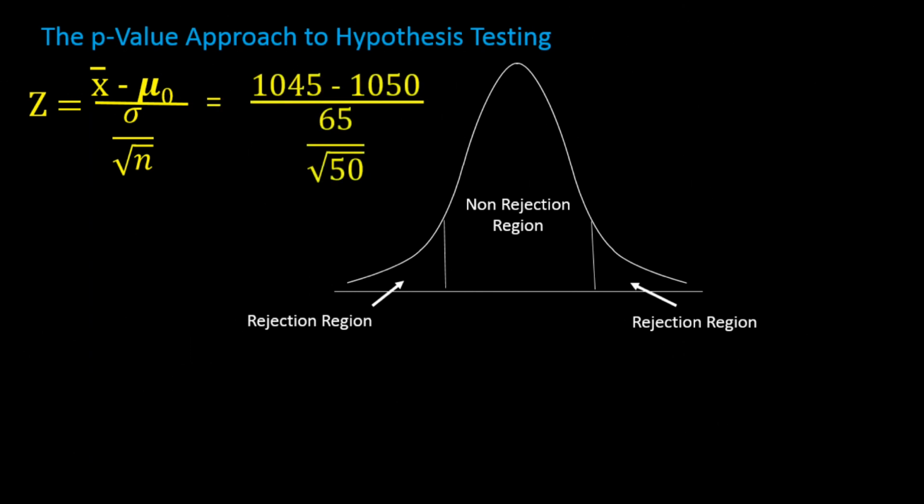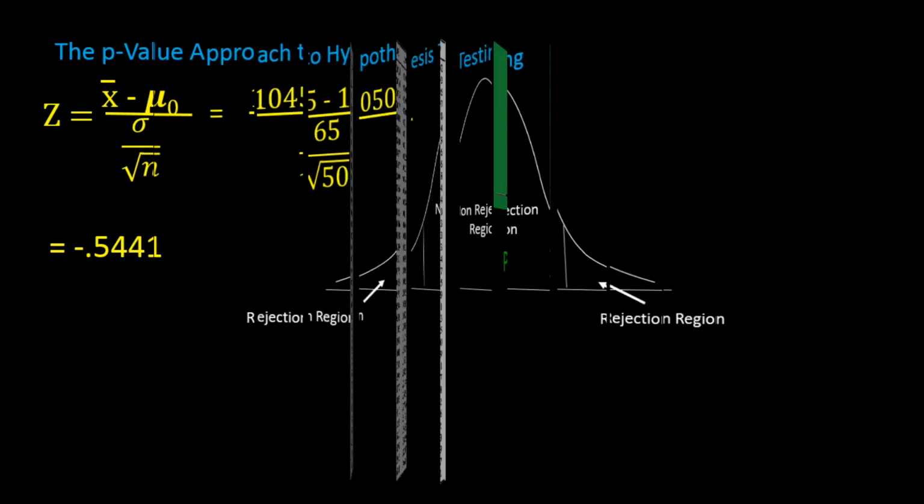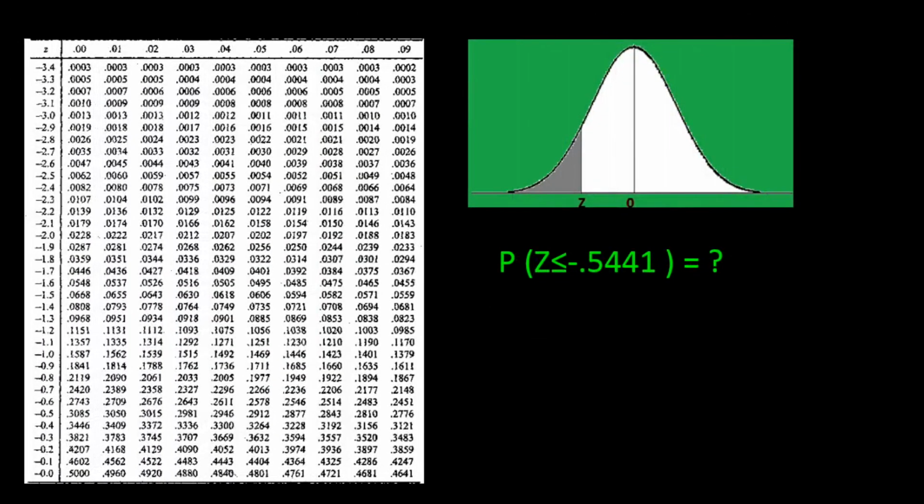The test statistic was negative 0.5441. Now to find the p-value, we have to find the area under the curve to the left of negative 0.5441. Looking at the negative z-table, we need to find the area to the left of negative 0.5441 on the table.